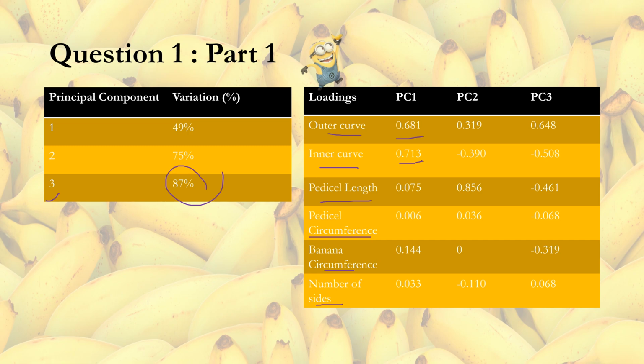We can also see that the skinnier the banana is, the lower positive PC score it has, and the wider the banana circumference, the higher positive PC scores that it has.